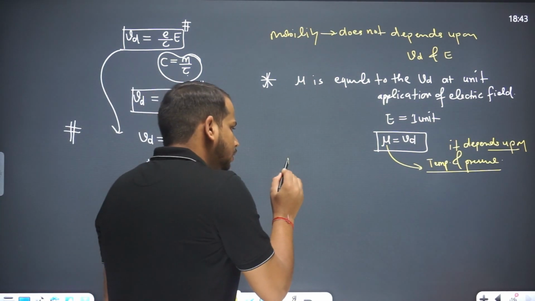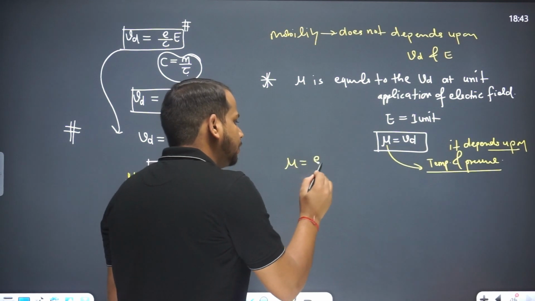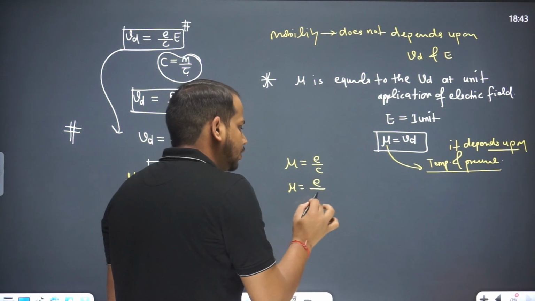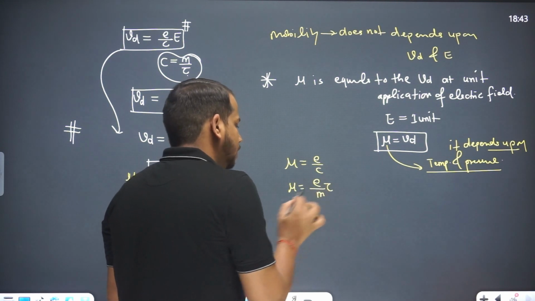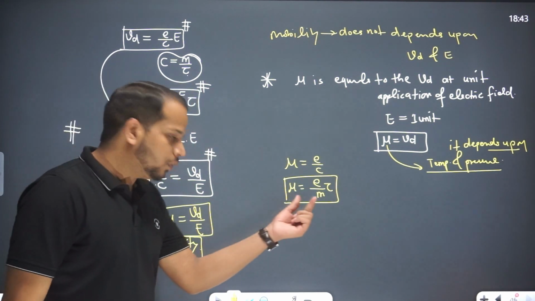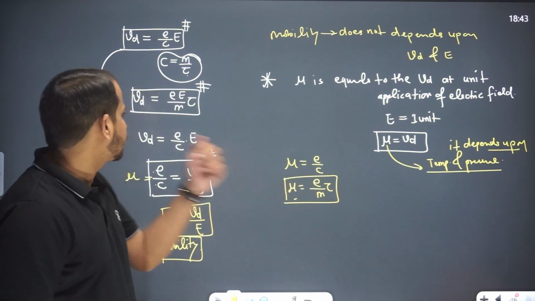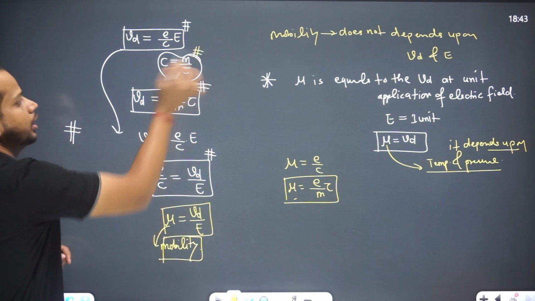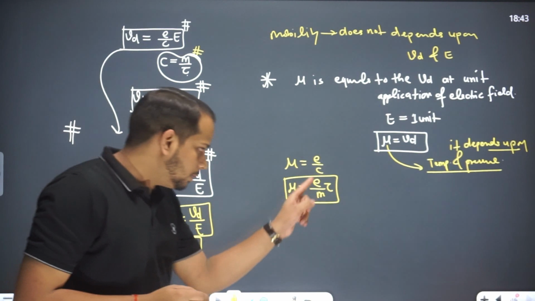I said the mobility is e by c, right? So what is mu here? E by c is what? M by tau. If this is the mu we have, what is the c here? The c is m by tau over here, right? So mu is e by m into tau.